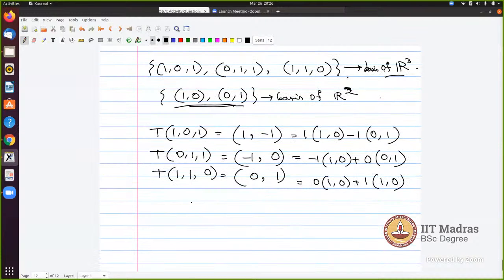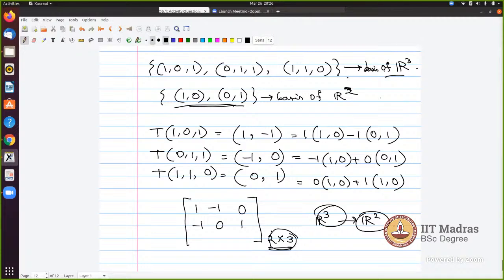So what is the matrix I am getting here? 1, minus 1, 0; 0, 1, minus 1. So this is a 2 cross 3 matrix, right? Yes. 2 cross 3 means it is from R3 to R2. So I am getting a 2 cross 3 matrix.